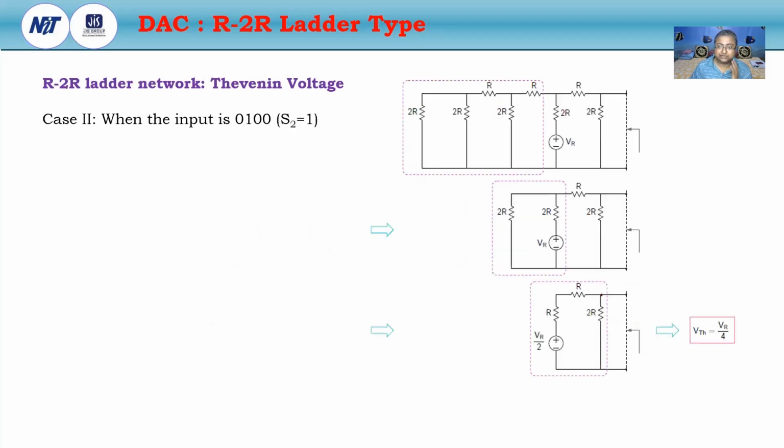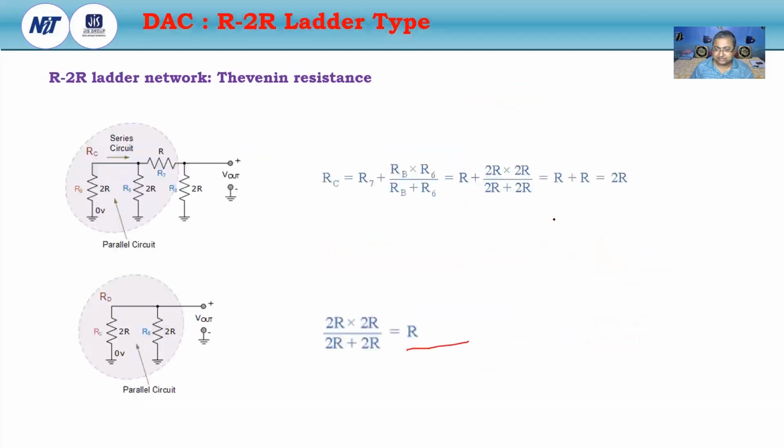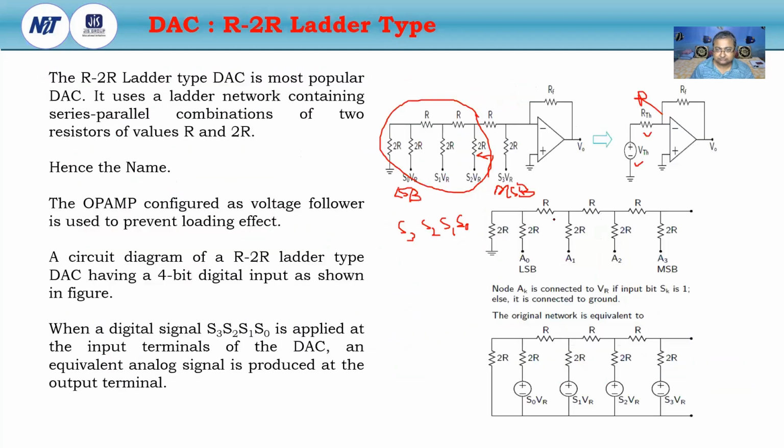Again, if we go for the second input, the first MSB bit is 0. So S3 is 0, S2 is 1, S1 is 0, and S0 is 0. Then what happens? Come to the first circuit. Here this is 0, that means grounded.